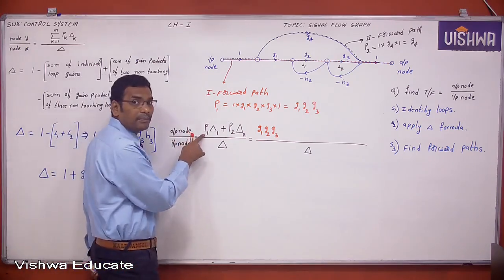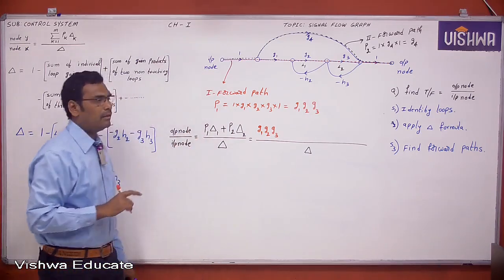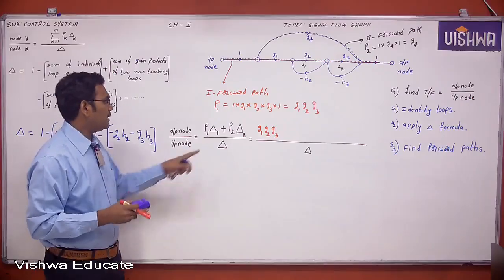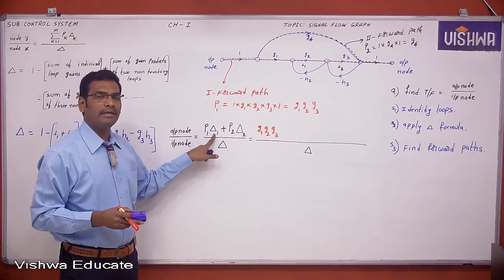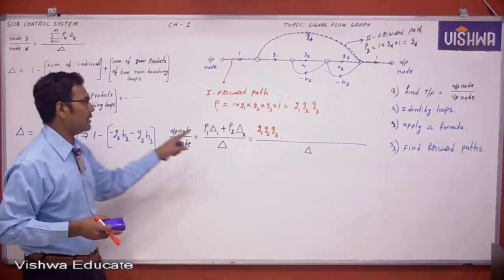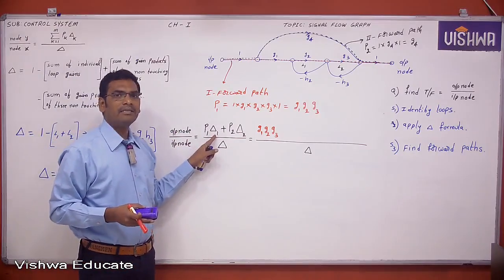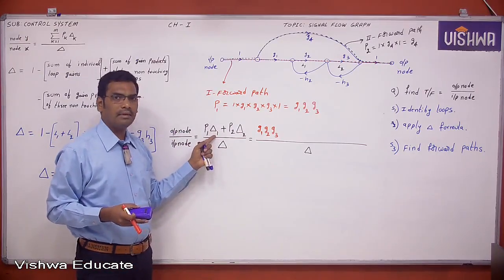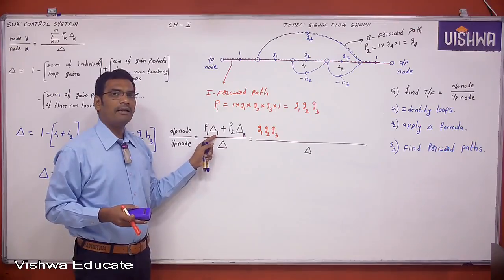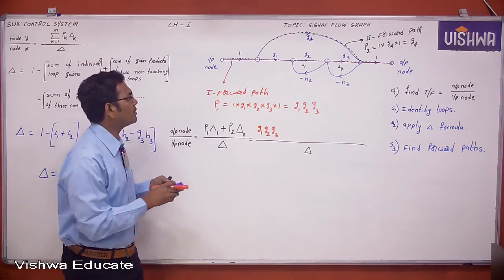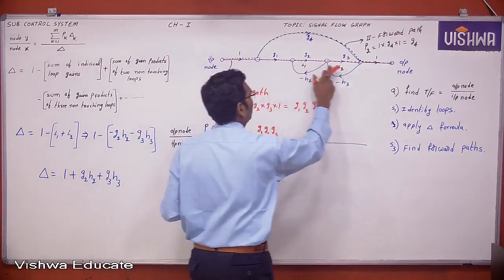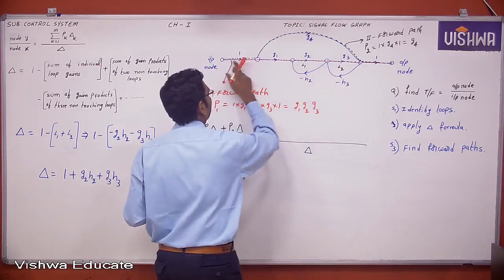Once you find P1, you want to find delta 1. I am already saying that delta K is calculated in 2 steps. What is the step? Now, delta 1 means first forward path. See this suffix, this is 1. 1 means first forward path. Where is the first forward path? This is the first forward path. Remove the loops which are touching this path.